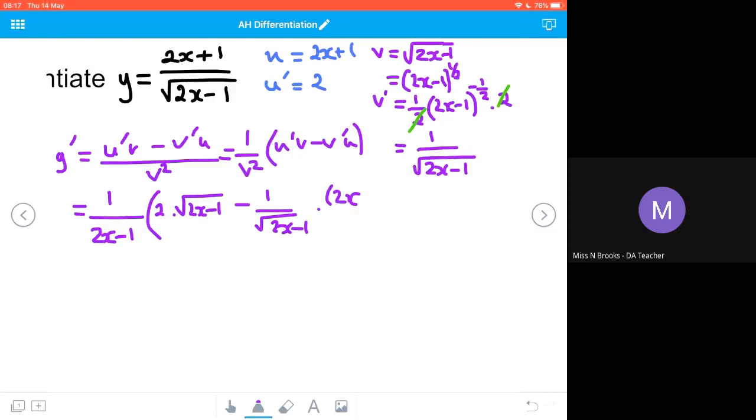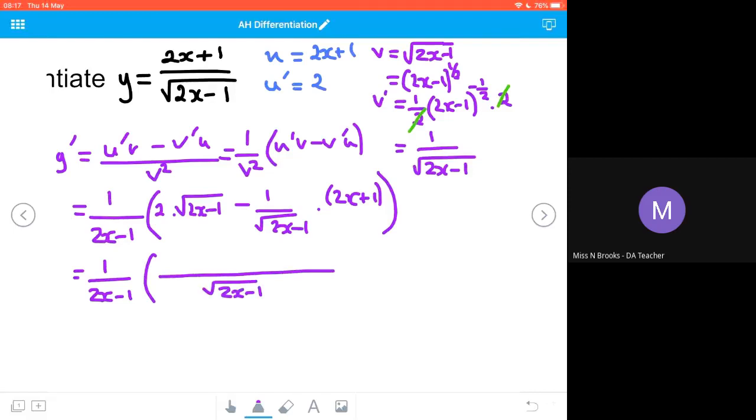And I'm going to put that in a bracket because I'm taking away the 2x plus 1, so I need to be really careful with my signs. So I need to have a common denominator inside my bracket in order to be able to do the subtraction. So I'm going to have 1 over 2x minus 1 still outside my bracket, and my common denominator is going to be the square root of 2x minus 1.